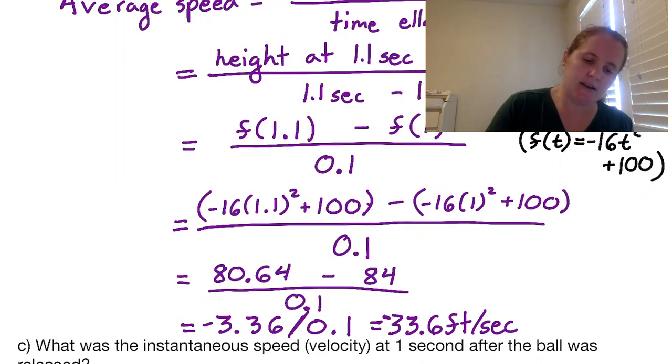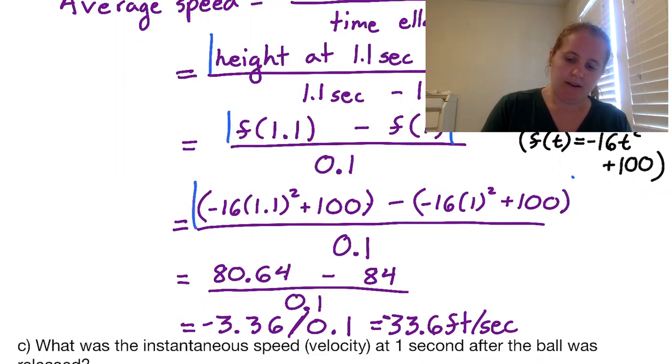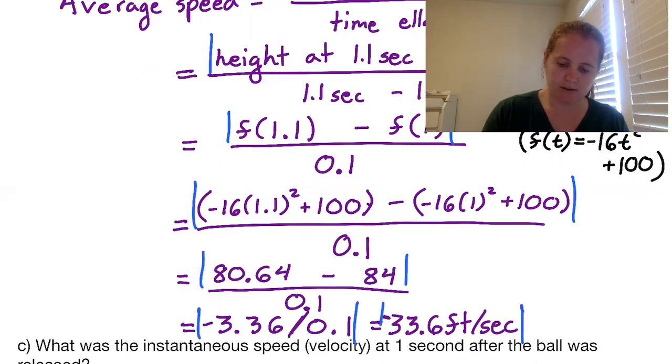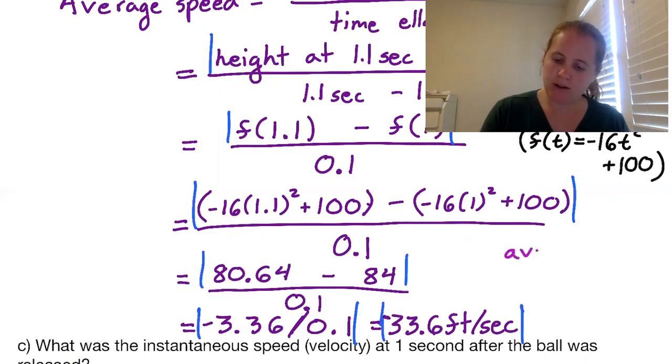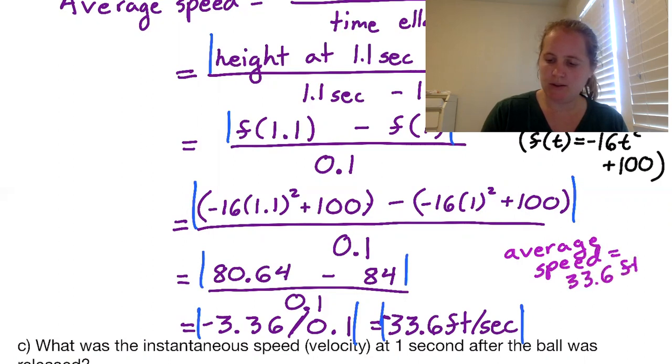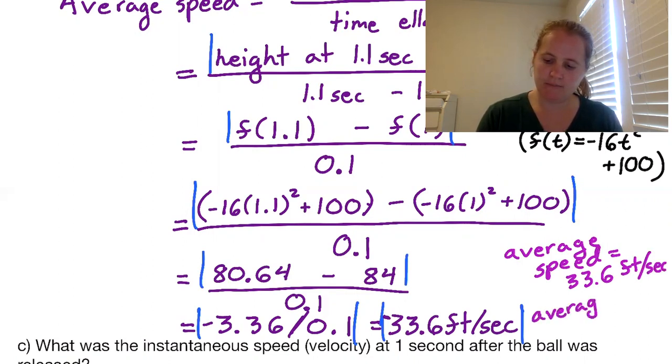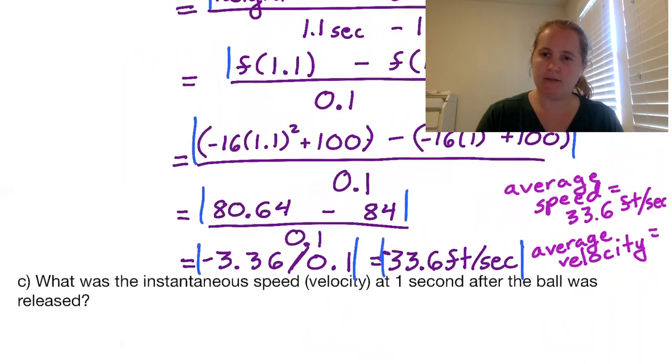Again, technically, average speed is positive, so we would have absolute value around the height to guarantee we get positive. And so this average speed would be 33.6 feet per second, versus the average velocity would have that negative since it's falling down.